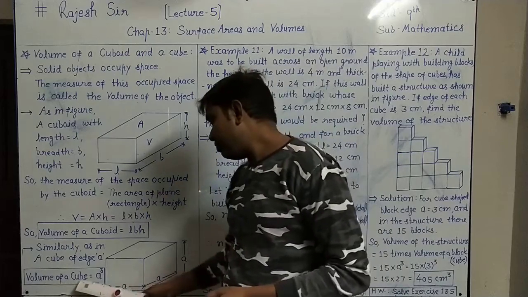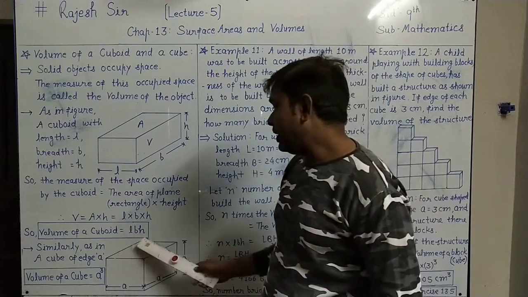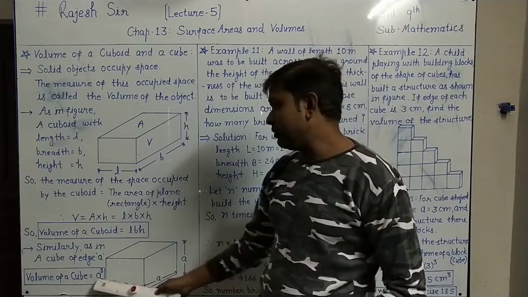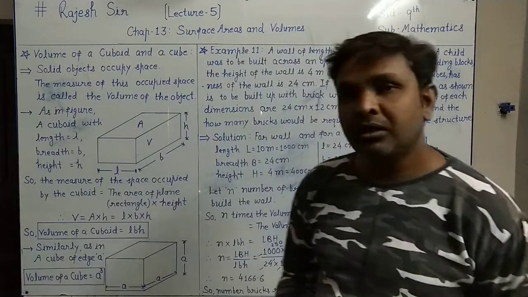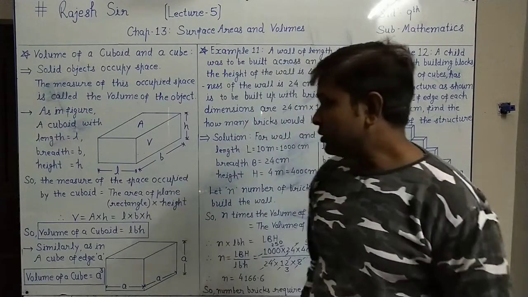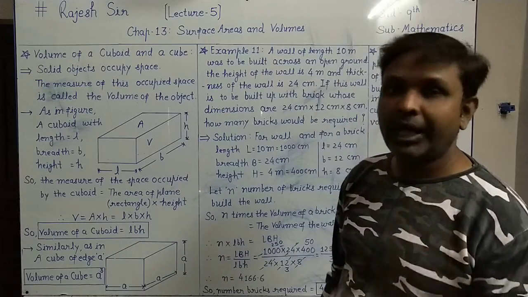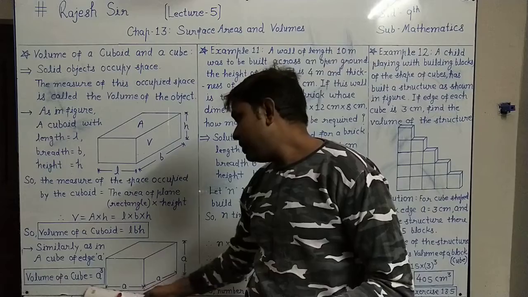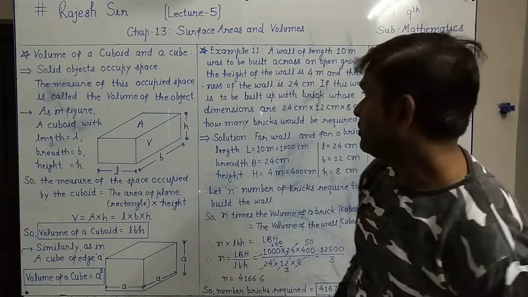Then the volume of the cube is also length into breadth into height, and all are A, so A into A into A. So the volume of a cube is A cube. This way the volume of a cuboid is LBH, and the volume of a cube is A cube.